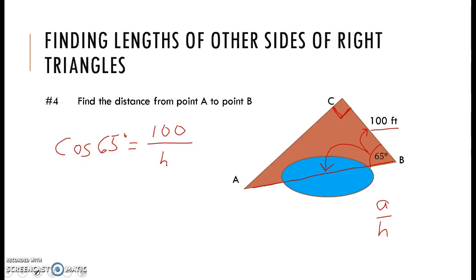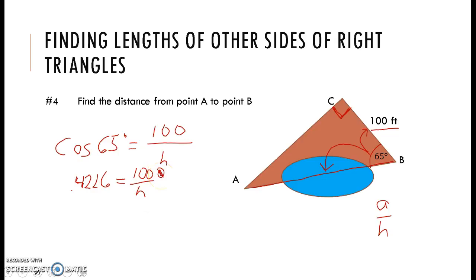And so we can then find the cosine of 65 degrees on our calculator, which is 0.4226, and that equals 100 over h.